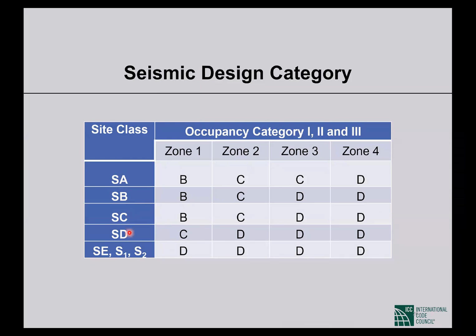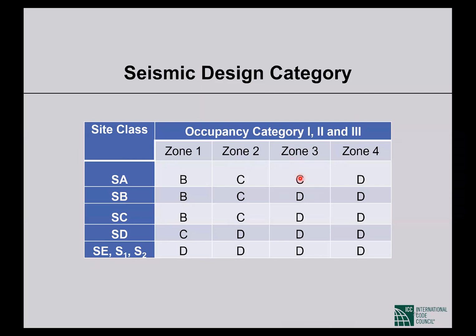If the soil condition is loose or soft, then we have to design the structure as design category D. Or if there is abrupt difference in soil strength in the top layer, or if the soil is plastic, or liquefiable or problematic soil, then we have to design the structure as design category D. So if the soil condition is not good, we have to design a structure as SDC D. But if the soil condition is good, then we can design as seismic design category C. In case of Chittagong, things are quite different.